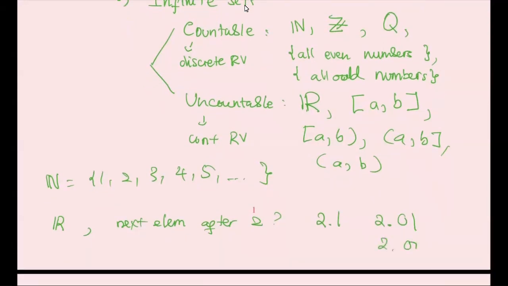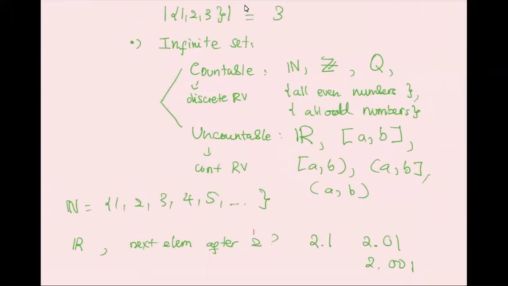And then you have 2.001 that is even closer to 2. So you cannot tell what is the next element after the number 2 in the set of all real number. So that's why the set of all real number is uncountable. Does this make sense till this point?